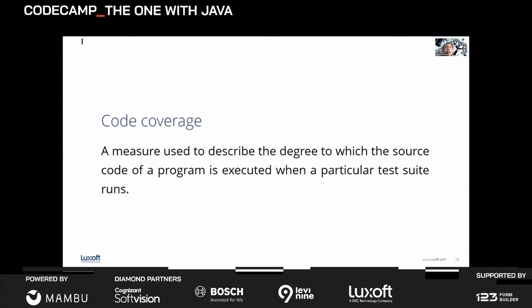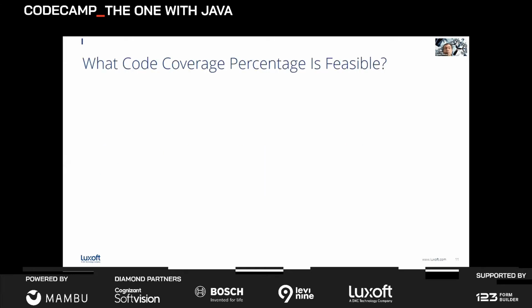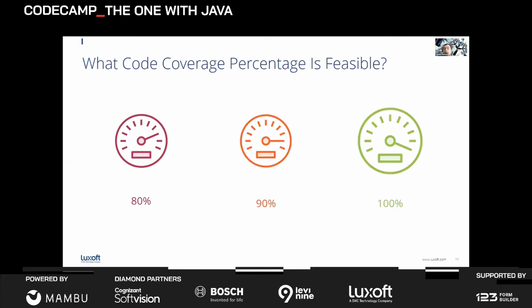It is not an absolute truth, but it is an important metric, because you may ask yourself, which code coverage percentage is feasible? What should I target? 80%, 90%? May I test everything?